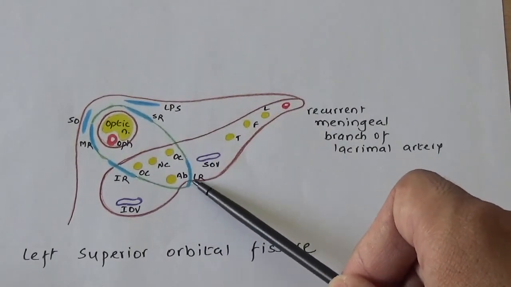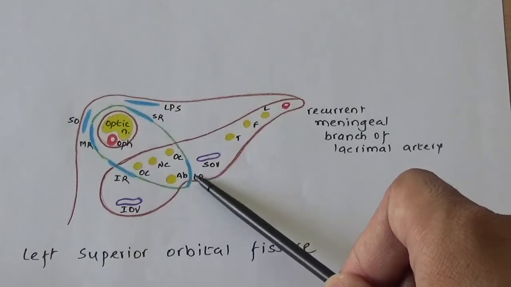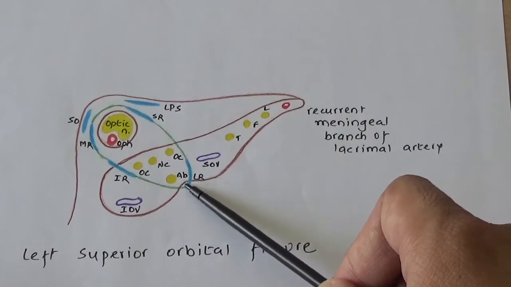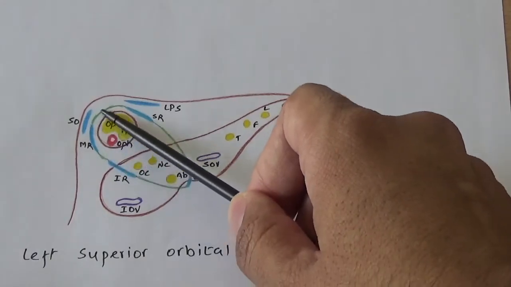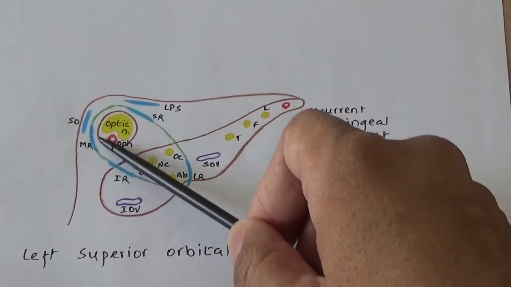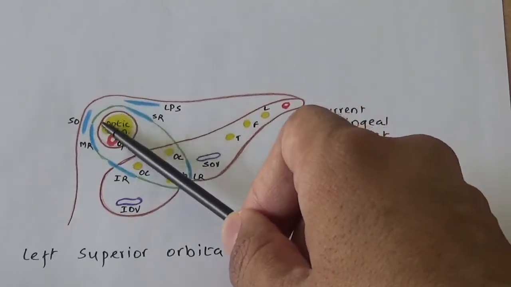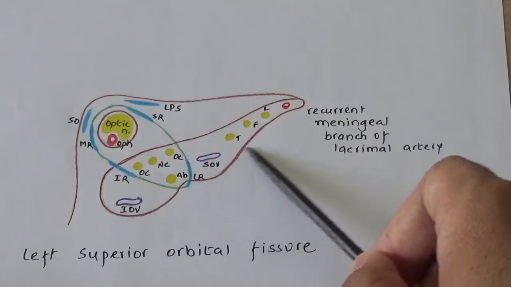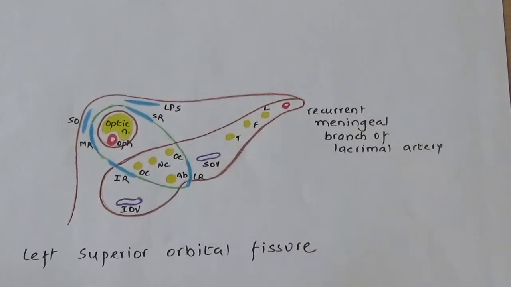As I told you, the greater wing of sphenoid along the lower margin of the superior orbital fissure shows a bony spicule, and that provides attachment to the tendinous ring of Zinn. This tendinous ring of Zinn also includes the optic canal, and it divides the superior orbital fissure into medial, intermediate, and lateral areas.